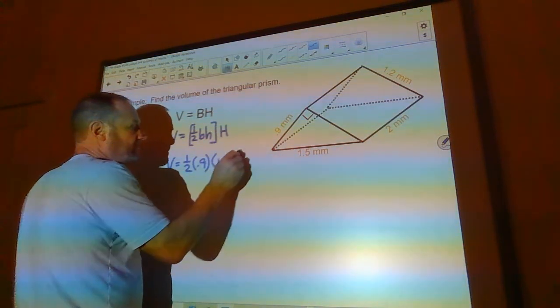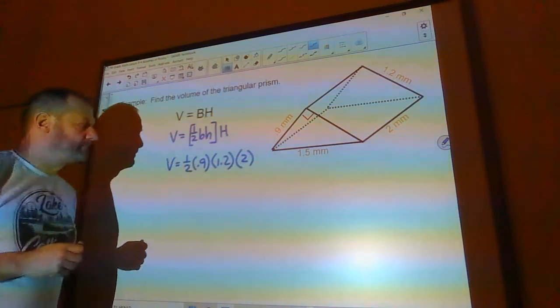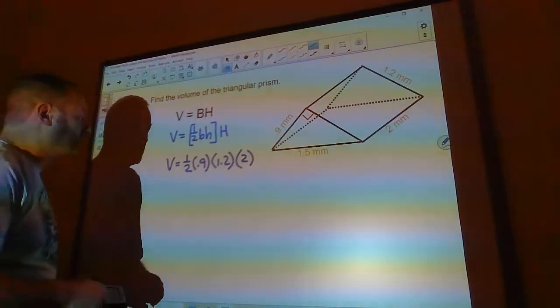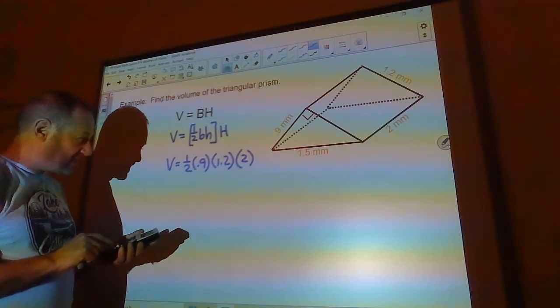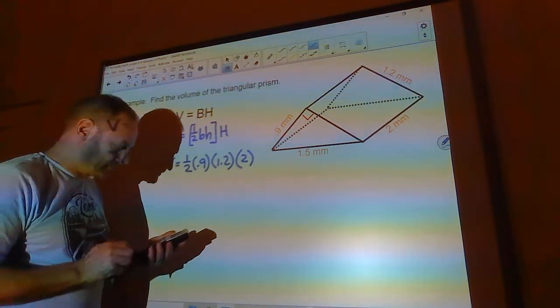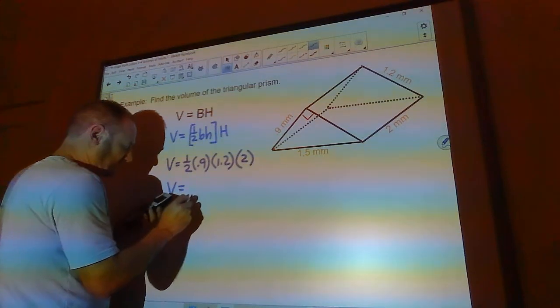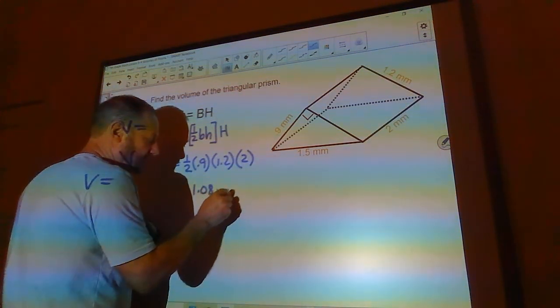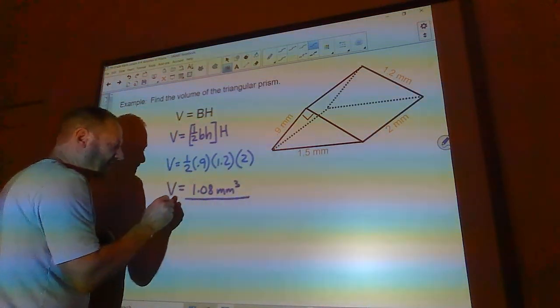And the height of the prism would be 2. Okay, and then it's just simply a calculator question. 0.5 times 0.9 times 1.2 times 2. Volume comes out to be 1.08 cubic millimeters. This is a very tiny little prism.